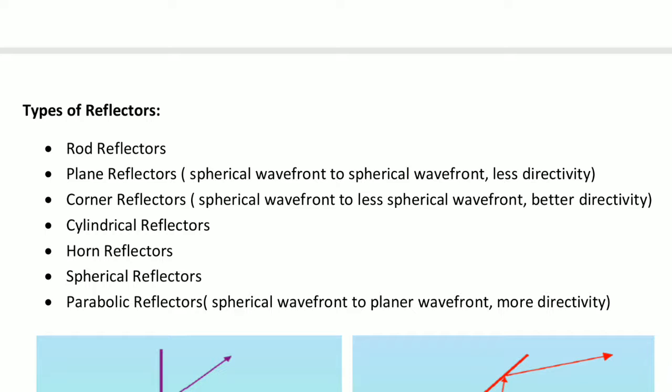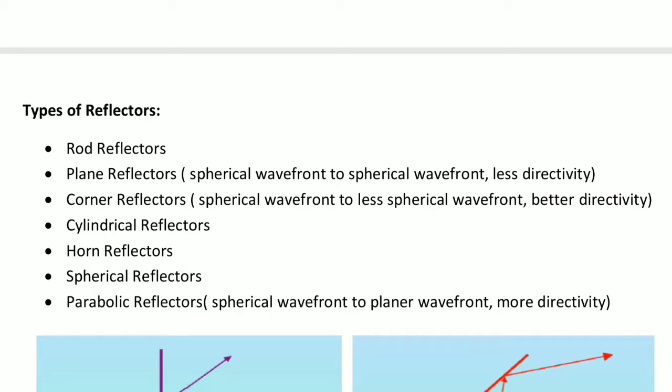The antenna feed will transmit electromagnetic waves or radio waves towards the reflector plate, and from the reflector plate these waves get reflected into space. The main function of this reflector is to direct electromagnetic waves or radio waves in space. It has some directivity towards a particular direction.